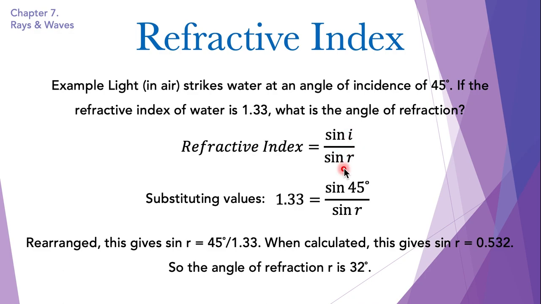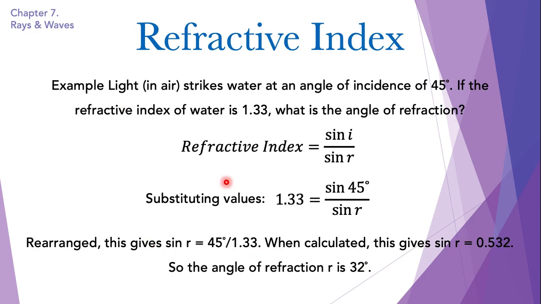So to get the angle of refraction, we divide sine 45 degrees by 1.33 and when calculated, this gives sine r as 0.532. So the angle of refraction is 32 degrees after rounding off.